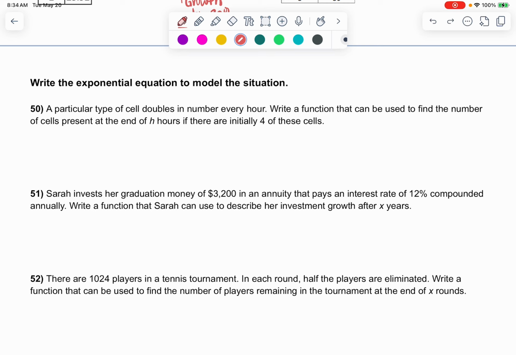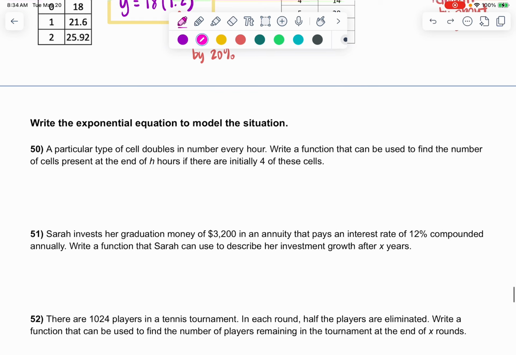So they're pretty much going to give you everything you need. I'm just going to do a quick little refresher at the top of the page here, even though we just talked about this. So remember, exponential functions are y equals ab to the x. Right? And the a is the starting amount, or your y-intercept. So it's how much you started with, right? The number of people, the amount of money that you put into an account, the number of bacteria in a petri dish, right?